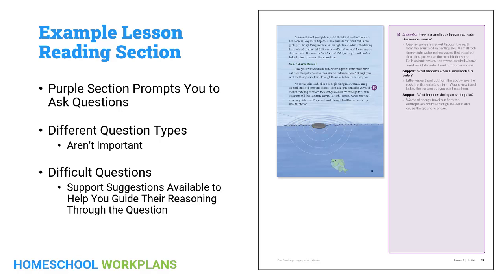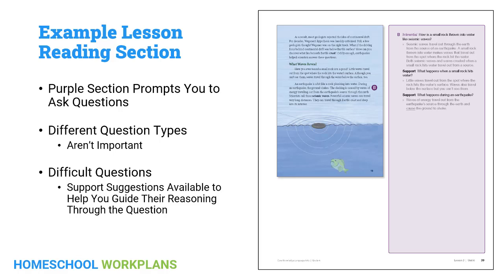Okay, so here on this page, it's explaining that earthquakes cause seismic waves, and there's a prompt here for you to ask your student how a small rock thrown into the water is like a seismic wave. Now, that may be a difficult question at this stage of the learning process for your students. So right underneath that question in that purple box are 2 support prompts so you can help your student think through the question.